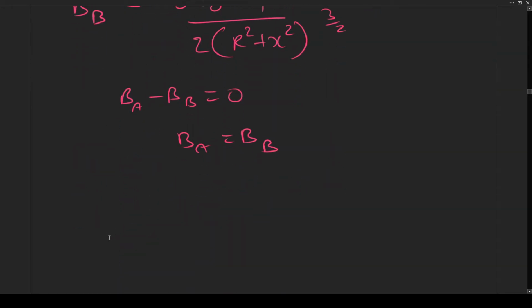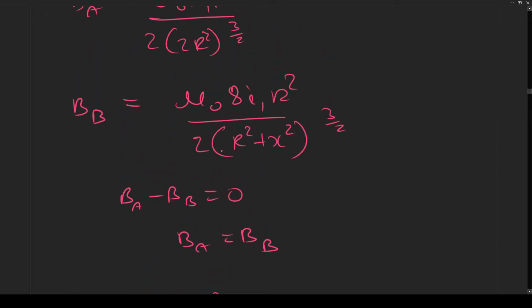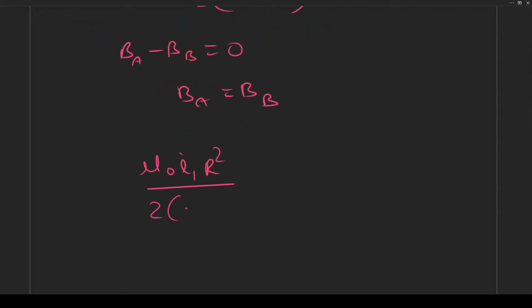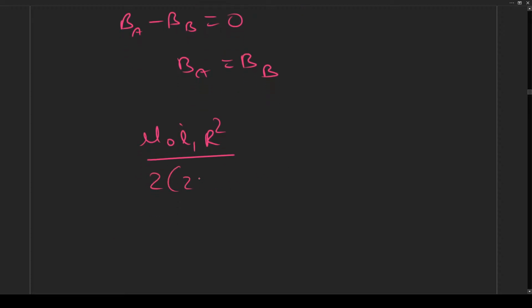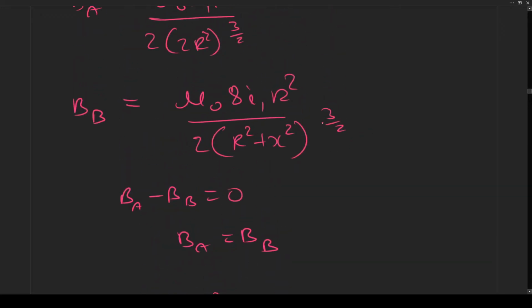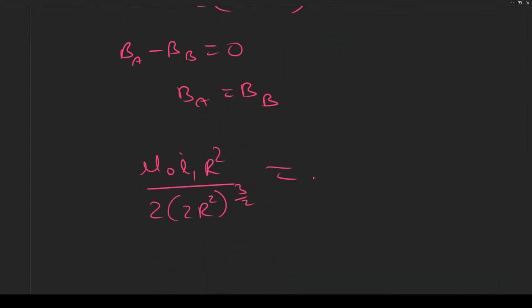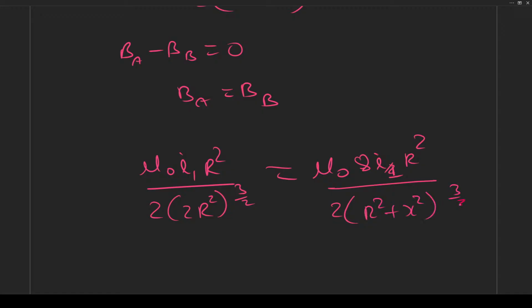So mu naught I1 r square by 2 times (2r square) whole power 3 by 2 is equal to mu naught 8 I1 r square by 2 times (r square plus x square) whole power 3 by 2.